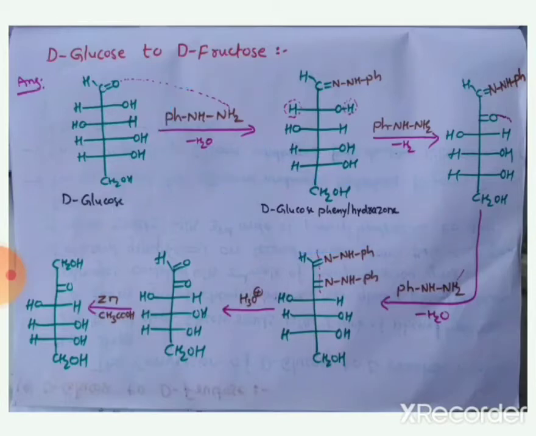In this reaction, H2 interacts with the carbonyl oxygen to form H2O. This is the loss of an H2O molecule. By loss of the H2O molecule, PhNHN is added to the C=O carbon.